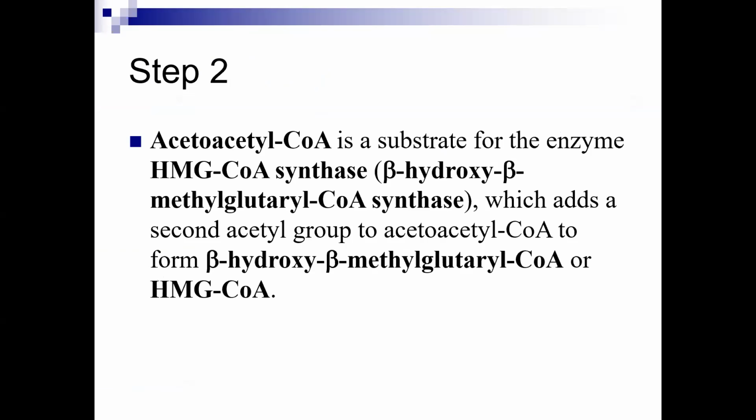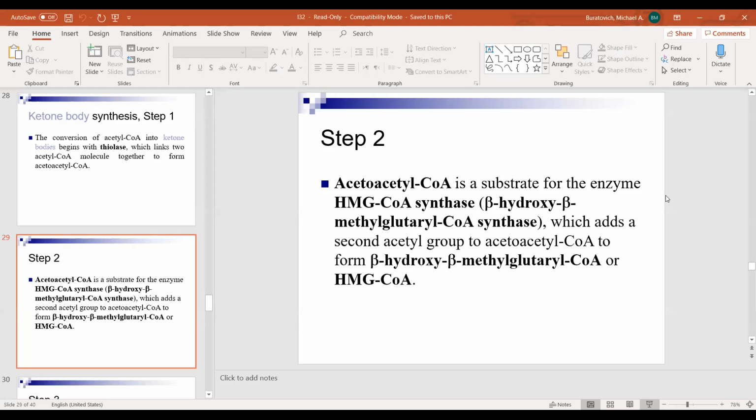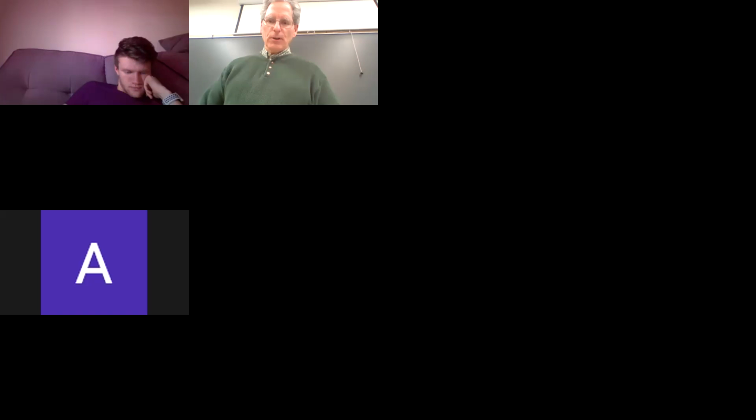And you're going to make beta-hydroxy beta-methylglutaryl coenzyme A, which is mercifully abbreviated HMG coenzyme A. That's step 2.